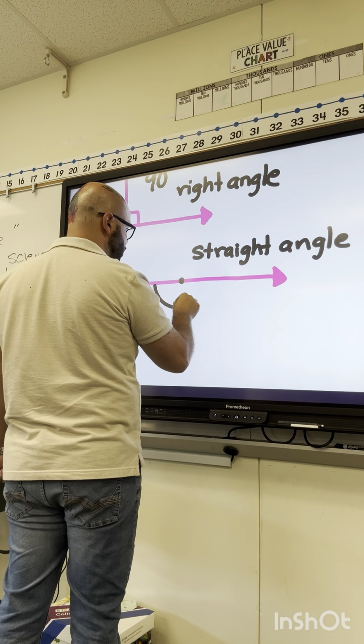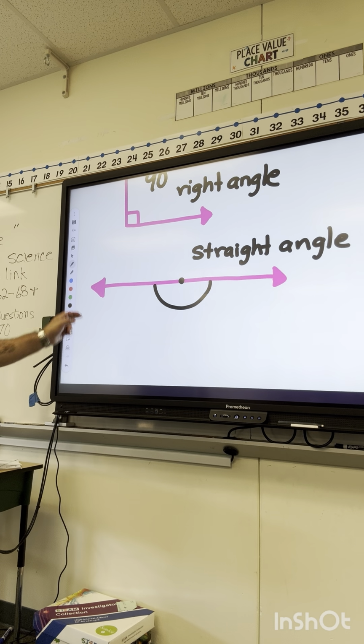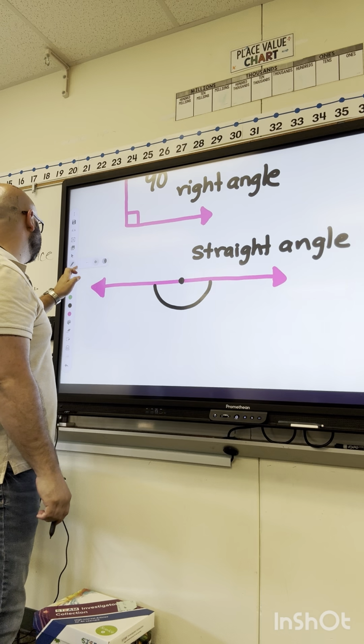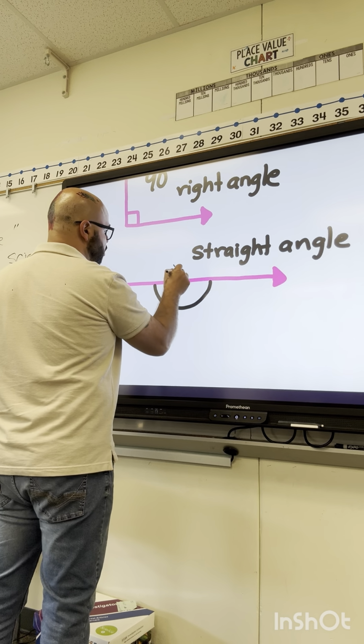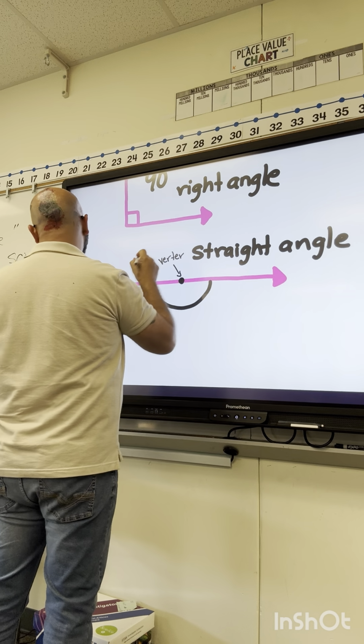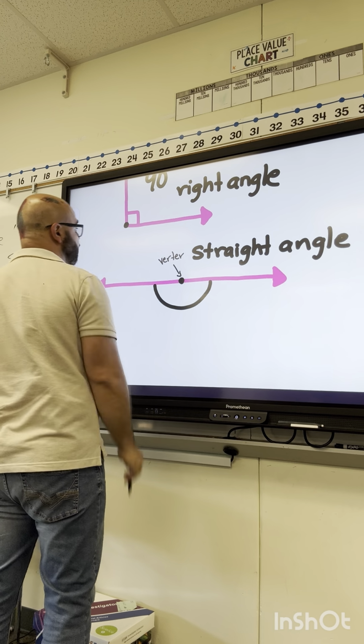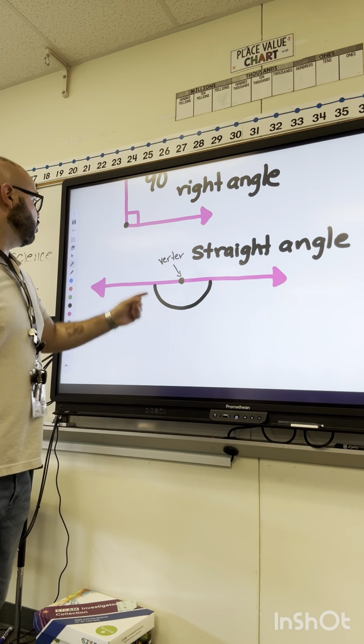You should have gotten this in 3rd grade, but this point here is called a vertex. And you're gonna notice that all our angles are gonna have a vertex.